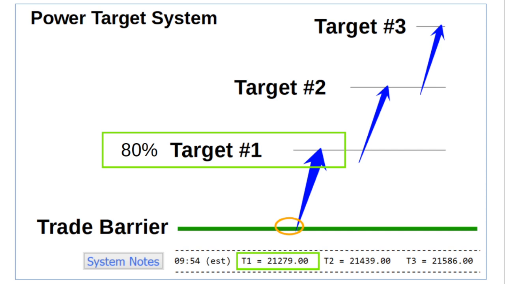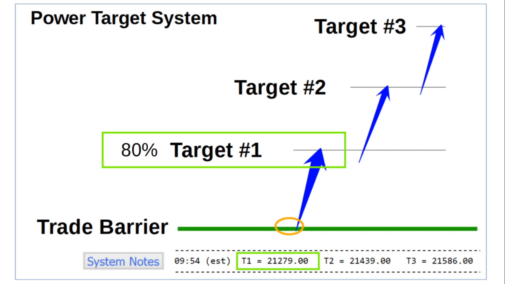Do you want to talk real quick, just as a review, about why we wait for the 1 minute close past the trade barrier so that we don't get sucked into a false move? Today was a good example of that. Well, the way the system is designed, the system's basically doing all of its number crunching and quanting out the market profile and giving us the levels.